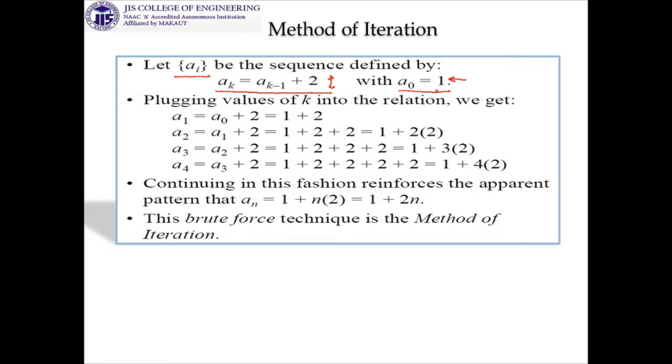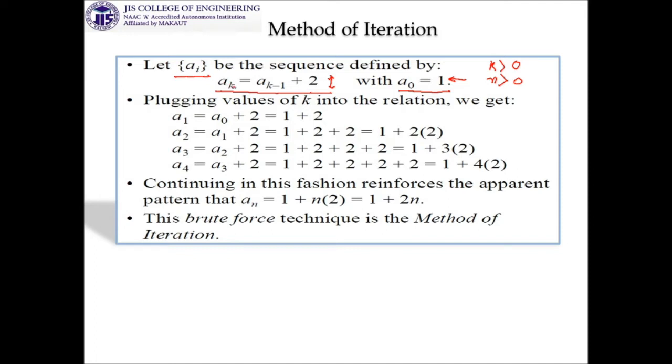We will use a0 equal to 1 to start our process, and we are not going to find a0 from this relation. So k is greater than 0, which means we can put in position 1.